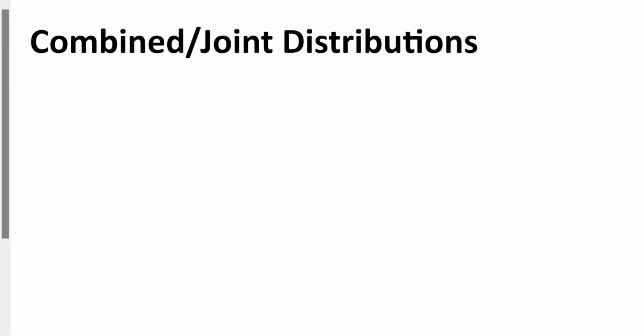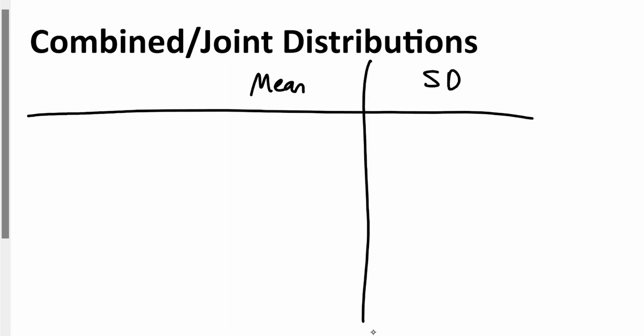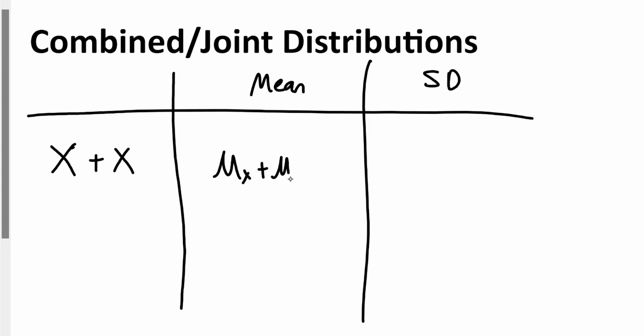So let's just do a little recap with a little table. We talked about adding or subtracting and how it affects the mean and the standard deviation. If we're taking two of the same distributions and adding them together, because it's happening twice or something like that, the mean does get added. So mean of x plus mean of x gives the new mean.